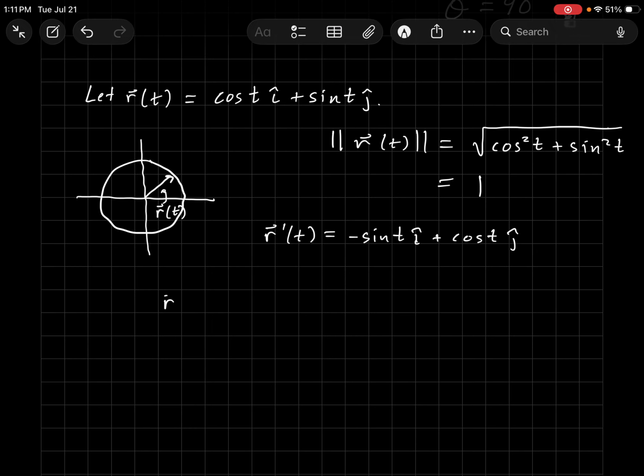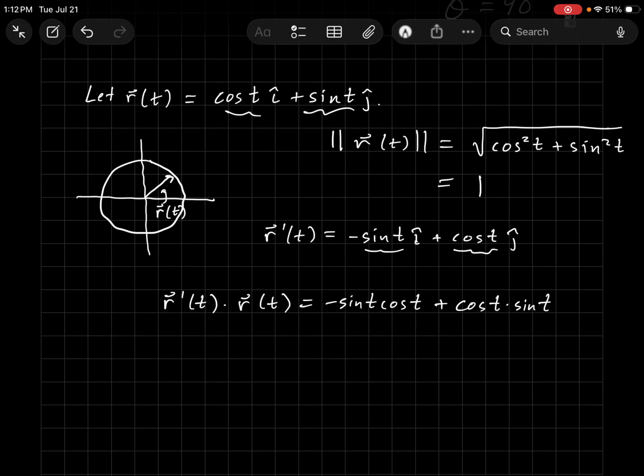And then if I do the dot product of r prime with r, we're going to get negative sine times cosine, so the x part with the x part, and then plus cosine times sine, the y part with the y part, which of course equals 0.